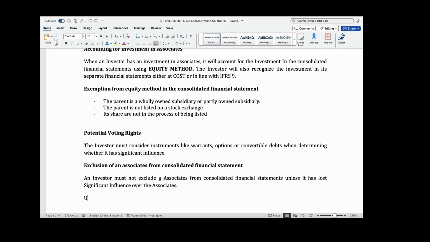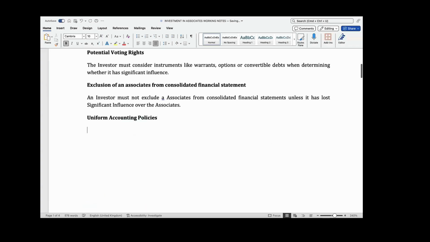Also, uniform accounting policies. The parents and the associates must have uniform accounting policies before the associates can be included in the consolidated financial statement.